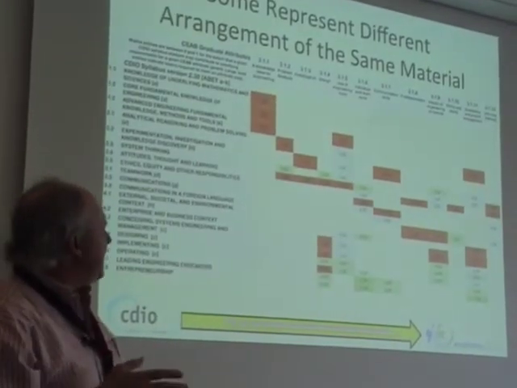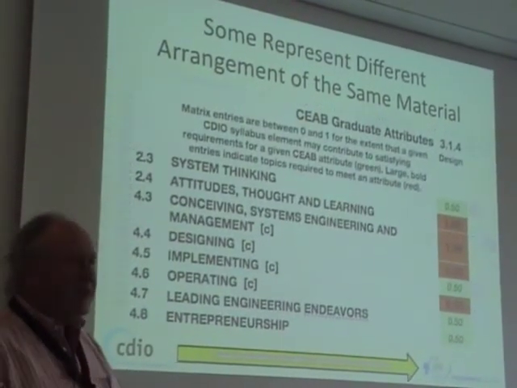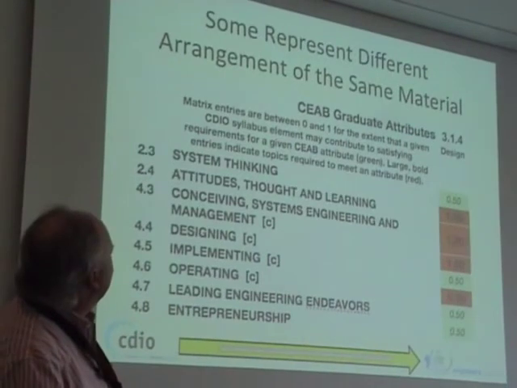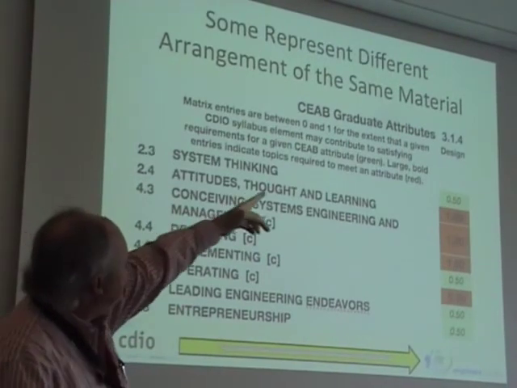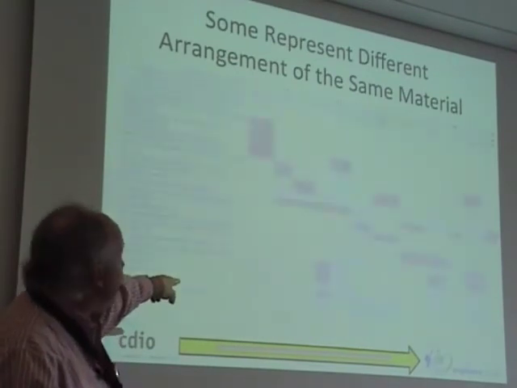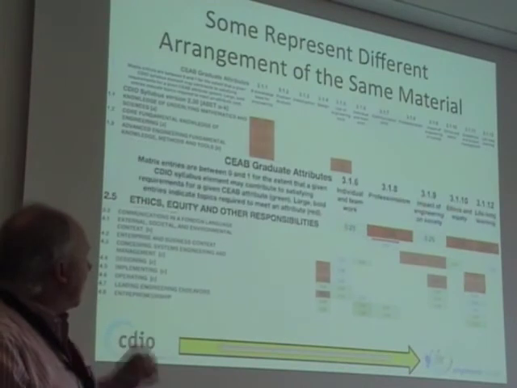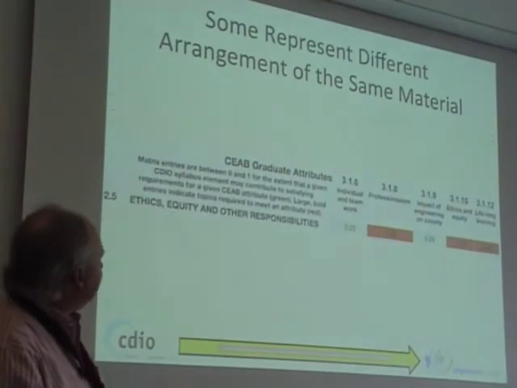Some represent different arrangements of the same material. We see the same things in both of them, but they're spread out in different ways. So, for example, the CEAB graduate attribute design, being CDIO with a big D in it, we spread them out over a wider variety of our 2nd level topics.